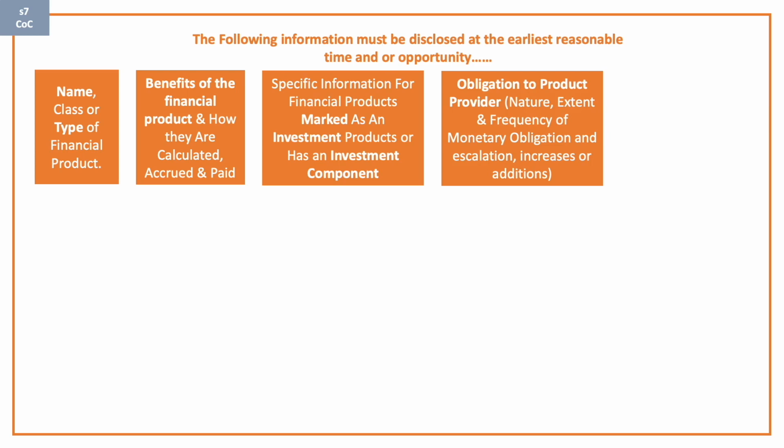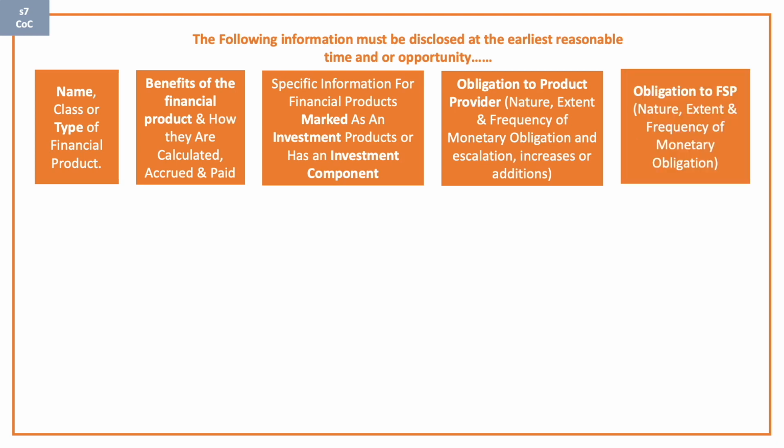The obligation to the product provider, nature, extent and frequency of monetary obligation and escalation, increases or additions. 5. The obligation to the FSP, nature, extent and frequency of monetary obligation. 6. Any special terms and/or exclusions.